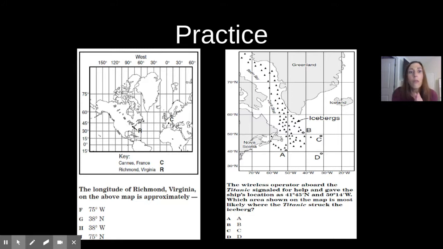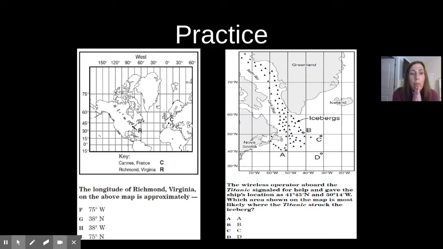So we're looking for the point between those 2 lines, and the 2 lines are 90 degrees and 75 degrees. So it's got to be somewhere between 75 and 90, or somewhere close to 75 and 90.